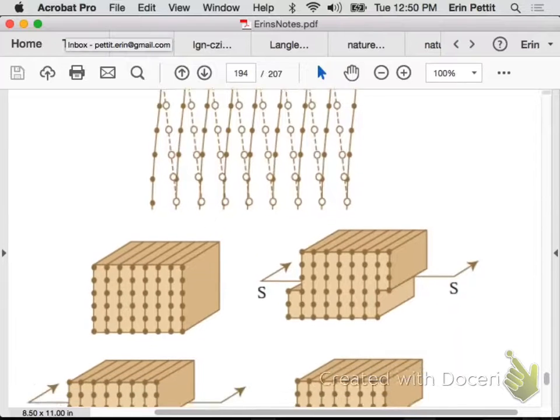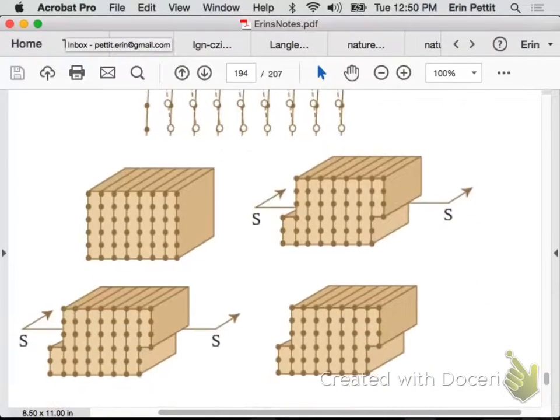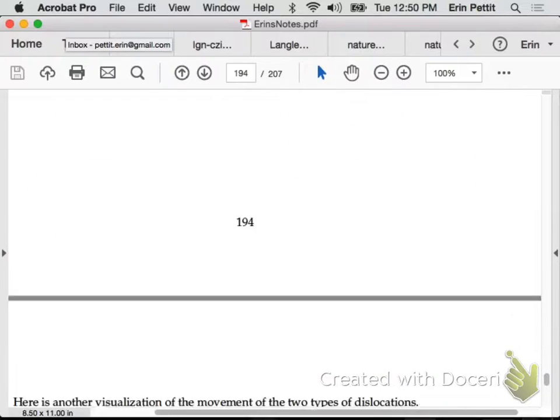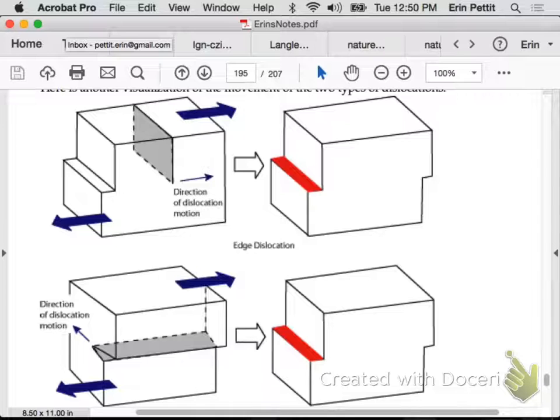The movement of a screw dislocation is a bit different, and I don't like this particular diagram. This one is a little bit better. An edge dislocation will move, if this is the edge of the dislocation, perpendicular to this plane.